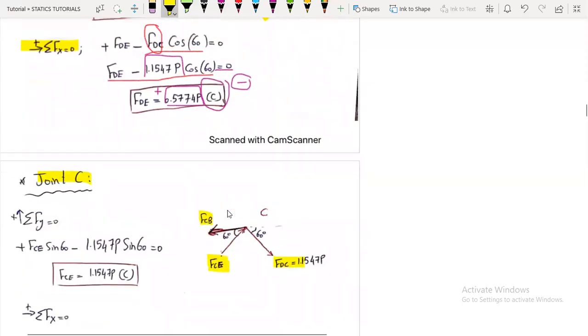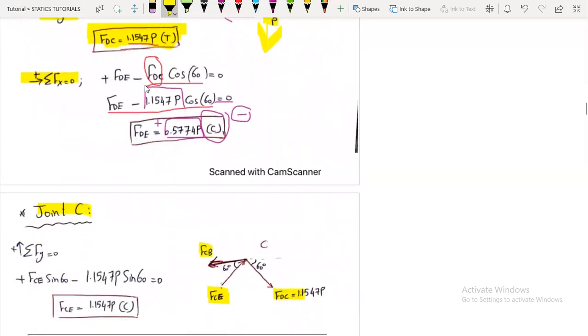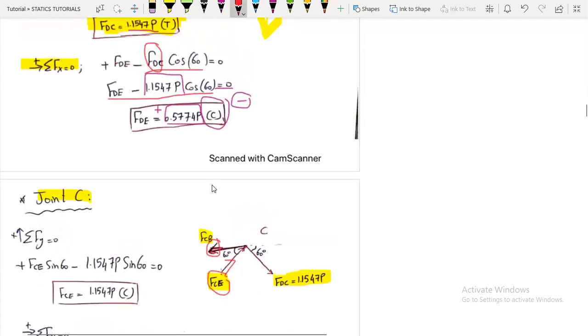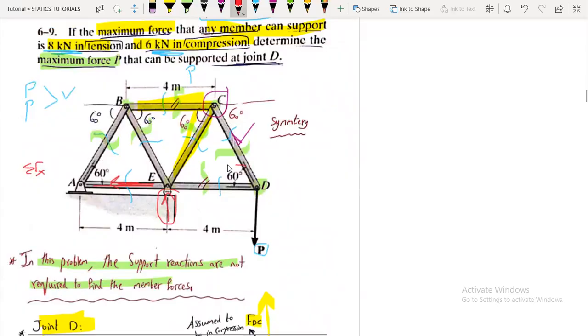We have found FDC from part A, which is 1.1547 P as a tension force. Here I have assumed FCE to be a compression force, and here it's a tension force. Now regarding the angles, here it is 60, and here it will be 60, like we have a Z shape.